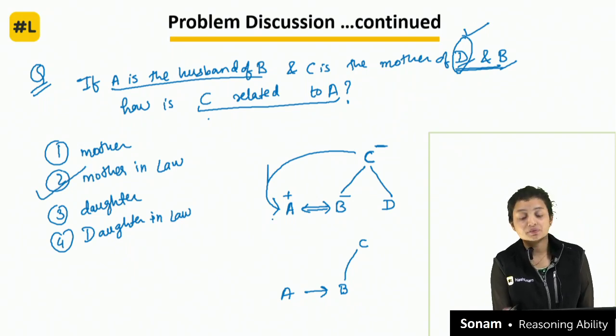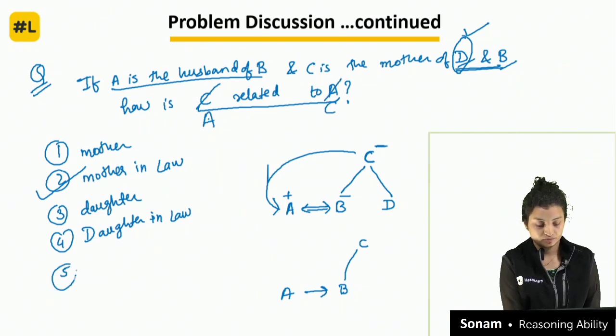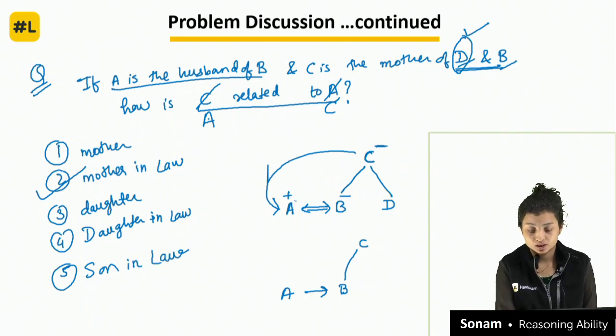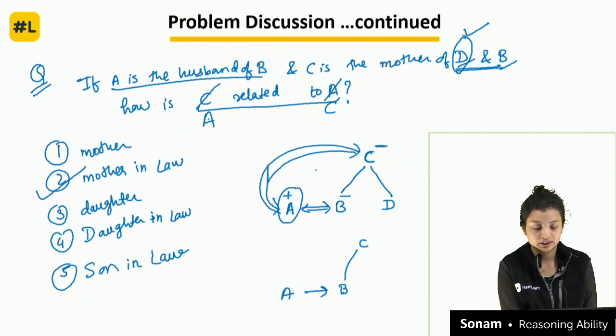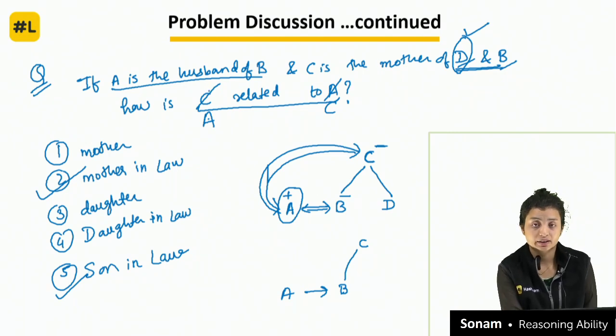But if I ask you the reverse thing in the same question, how is A related to C? So you will say A is son-in-law of C, isn't it? Whenever such a question comes, always read carefully from which person to which person they are asking you the relationship.